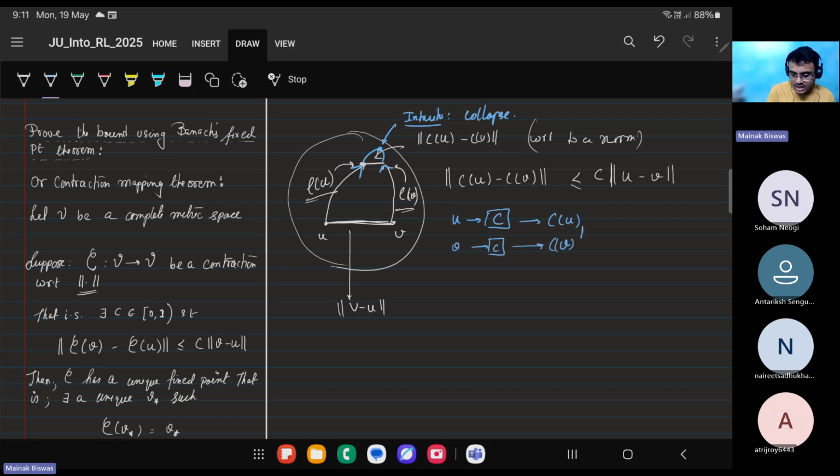The distance between them is lesser than the distance between V and U. Is this okay? You can represent this like this: this distance is larger than this distance. Any questions? I'm waiting.